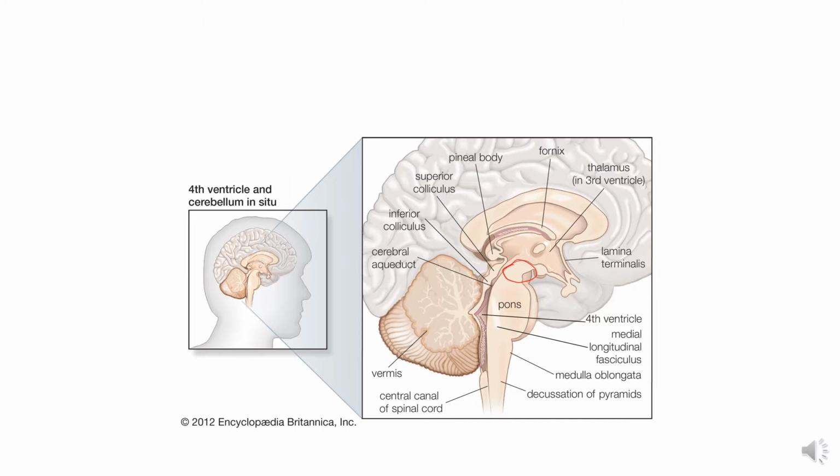Its long axis inclines anteriorly as it ascends through the opening in the tentorium cerebelli. The midbrain is traversed by a narrow channel known as the cerebral aqueduct, which is filled with cerebrospinal fluid.